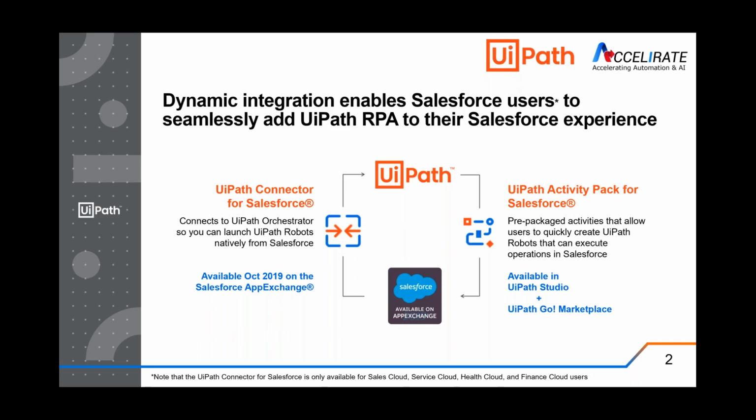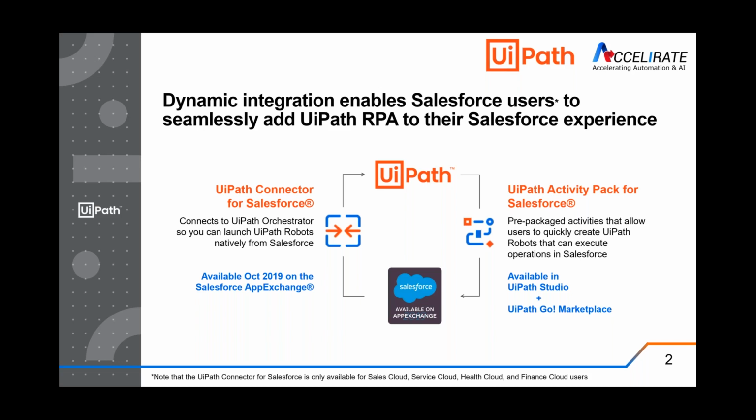Now, what does that mean bidirectionally? On the right-hand side of this slide, we have portrayed UiPath robots integrating with Salesforce in that direction. In short, the robots can access Salesforce on an API level in order to manipulate or create records or files, or to execute reports.